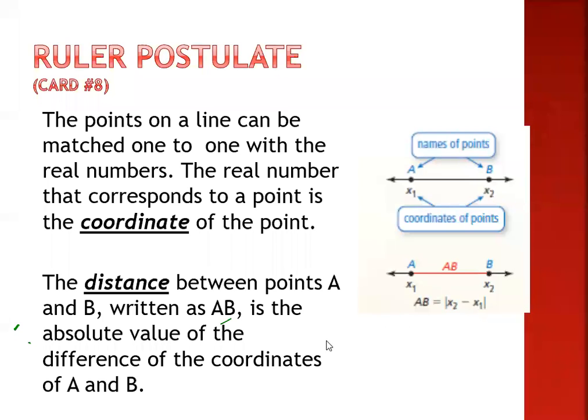Because we want to calculate the distance, and we can't find the distance with a negative number. So the distance between points A and B, written as AB, is the absolute value of the difference of the coordinates of A and B.